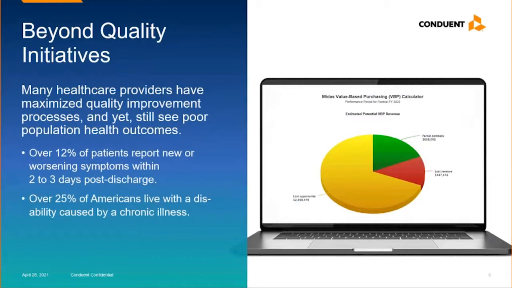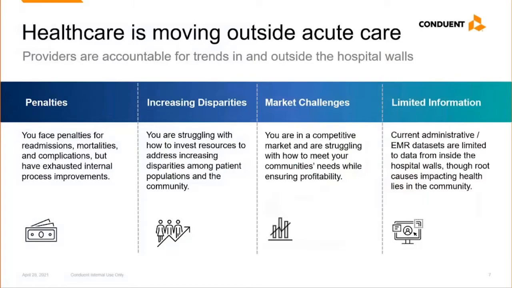This is compounded by the fact that 12% of patients are reporting new or worse symptoms within just 2 or 3 days of discharge. Over 25% of Americans live with a disability caused from a chronic condition. This really brings over our focus to care needs and monitoring after leaving acute care.